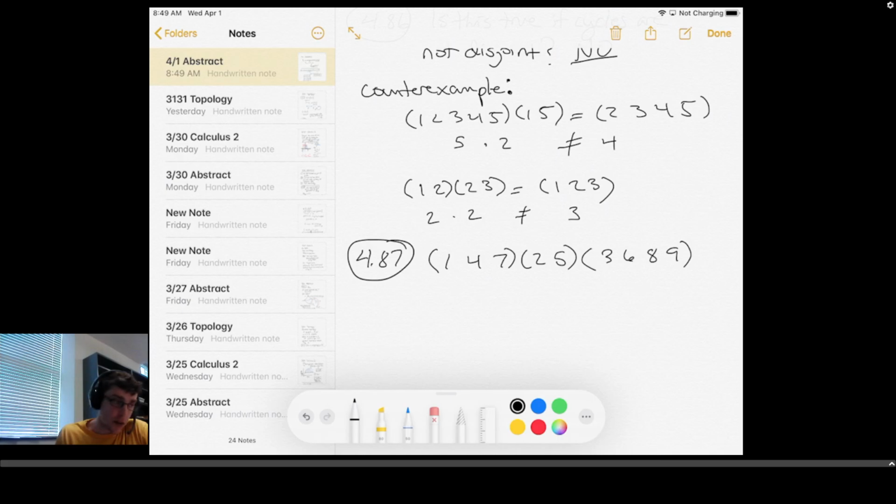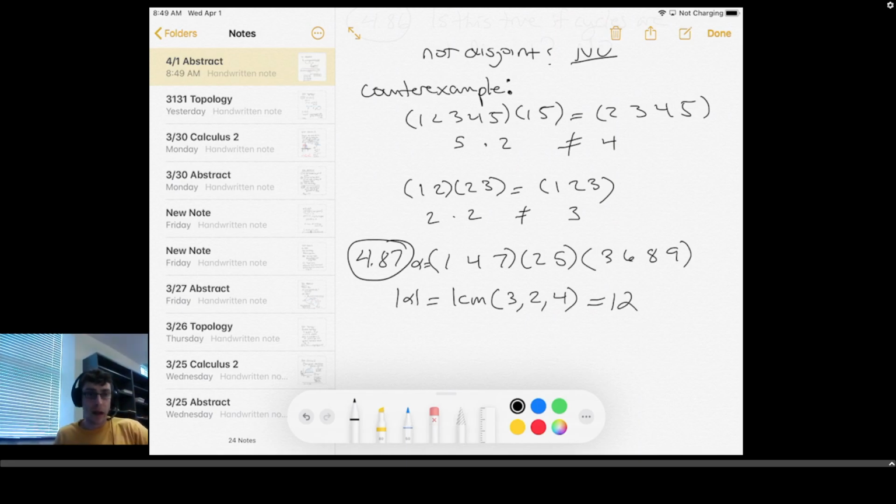So if I call this alpha, then my order of alpha is the LCM of 3, 2, and 4. What is that LCM? Right, it's 12.